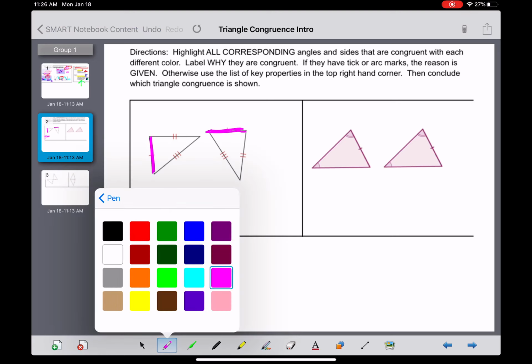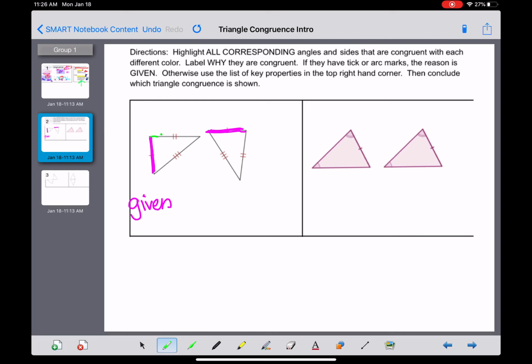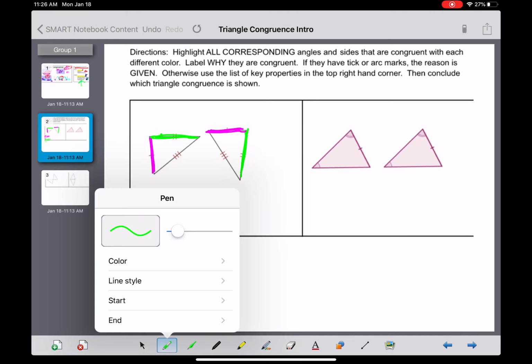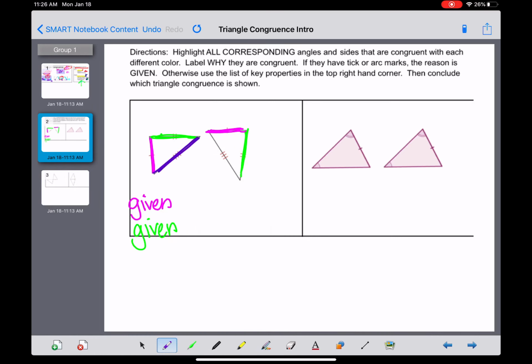Then I'm going to go to my second set of tick marks. 2 tick marks, 2 tick marks. The second reason is also because of given. Then I'm going to go to my third set of tick marks. The third set of sides is congruent because of given.